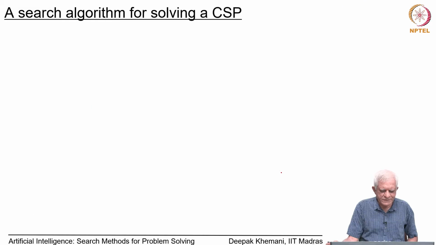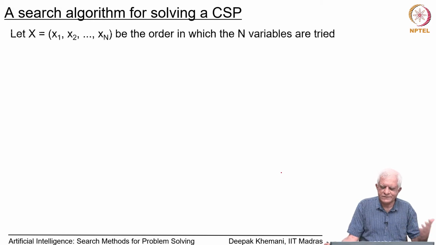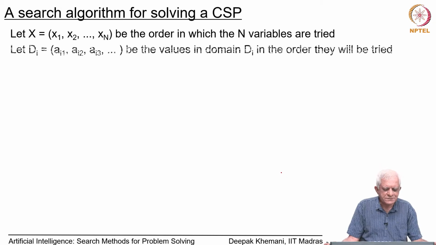So, let us look at this process. As we have been saying, our focus in this course has been on search methods, and we are trying to see that search methods are applicable inside constraints also, and constraints in fact combine search and reasoning.